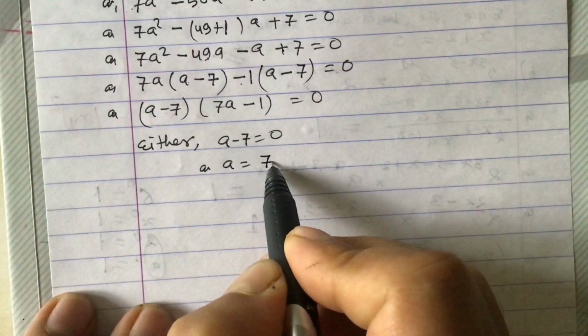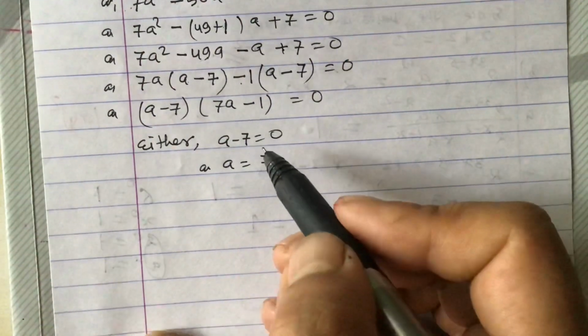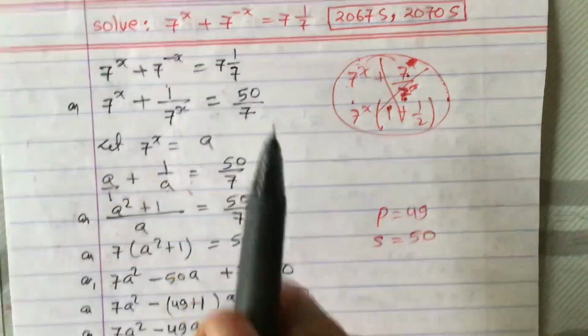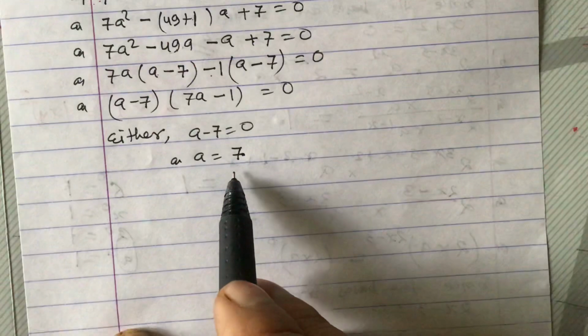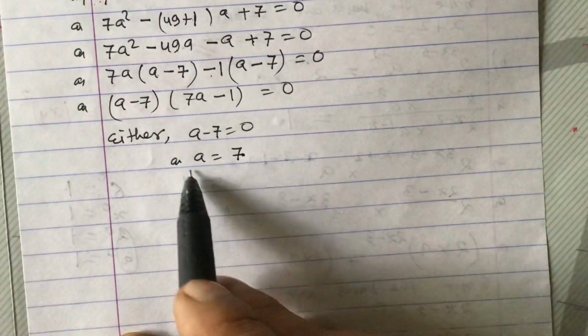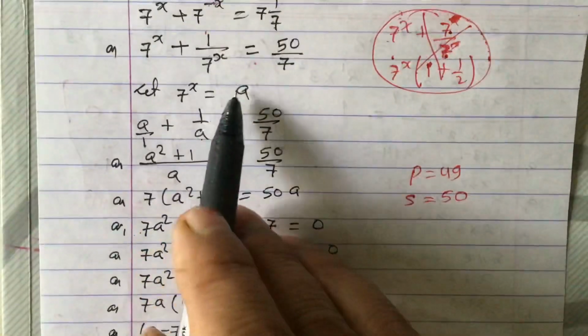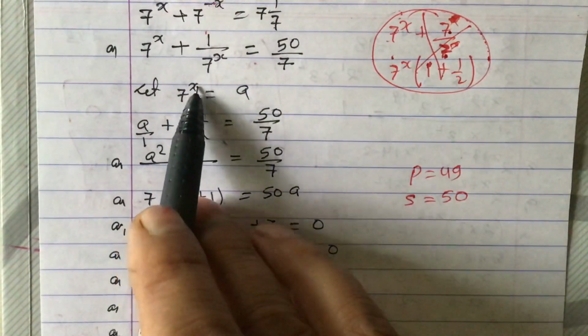But listen, we are not asked to find the value of a. We are asked to find the value of x. But we got value of a here. So what we will do now? So a we need to replace in terms of x now. So how to replace? Here already we have supposed a means 7 to the power x.